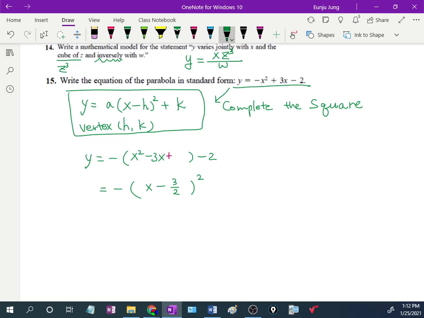So let's think about going backwards. What is the number in a perfect square? Square the first, double the product, square the last. What do you get when you square the last part? 3 halves times 3 halves is 9/4. That's the number I need, okay? If I have that number, I can create this part.